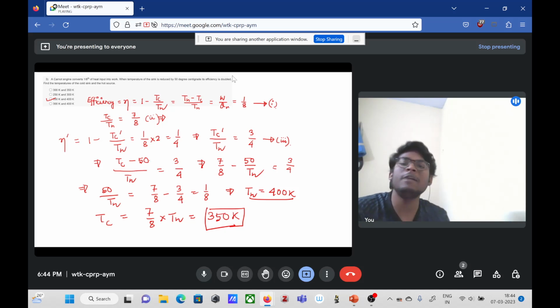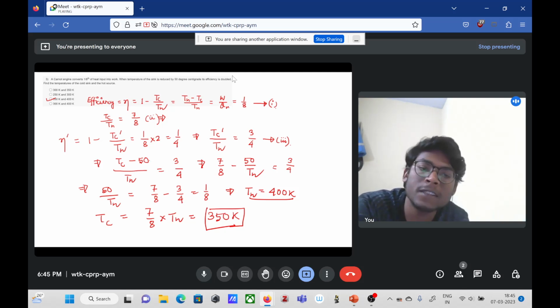So 1 minus Tc by Th is equal to 1 by 8, and after the algebraic manipulation it becomes Tc by Th is 7 by 8. Now if we reduce the temperature by 50 degree centigrade, means 50 Kelvin, the new efficiency eta prime will be 1 minus the new temperature of the sink divided by the temperature of the source.